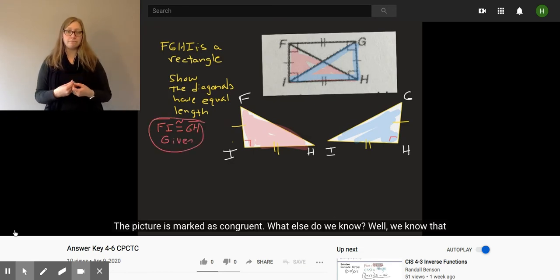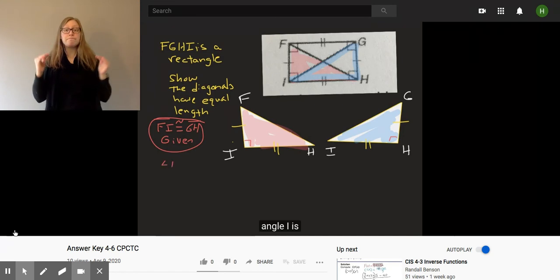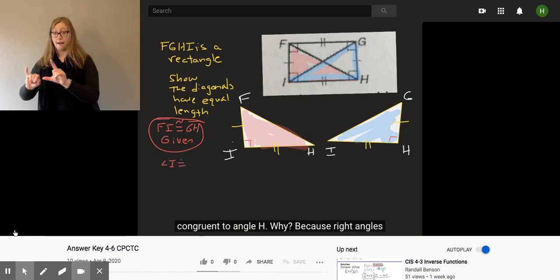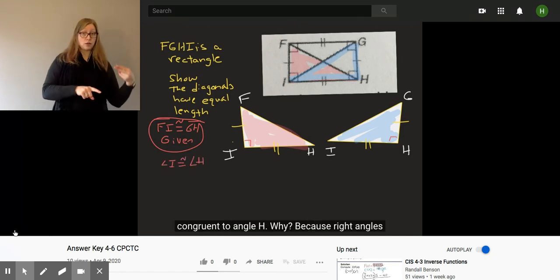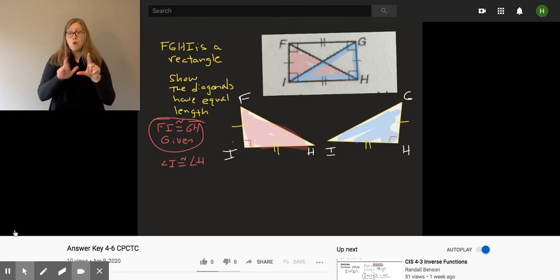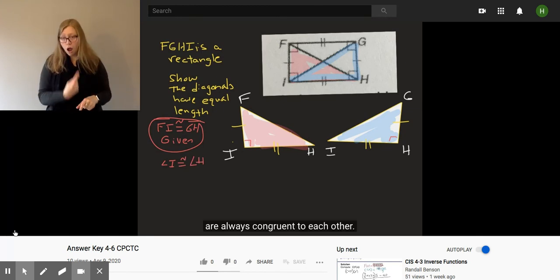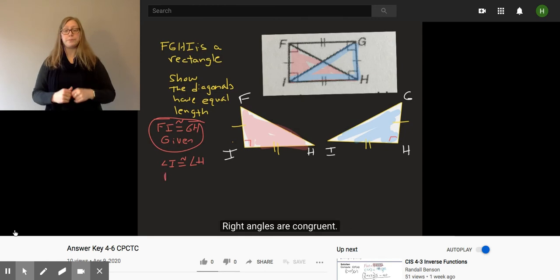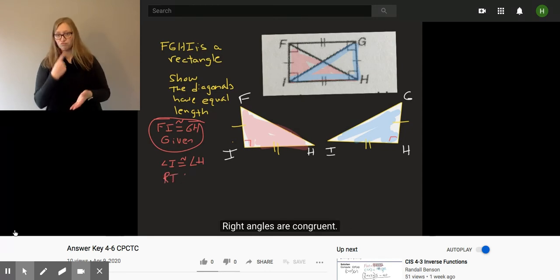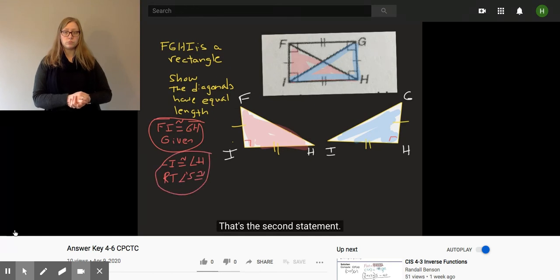But in the picture, it's marked as congruent. What else do we know? Well, we know that angle I is congruent to angle H. Why? Because right angles are always congruent to each other. Right angles are congruent. So that's the second statement.